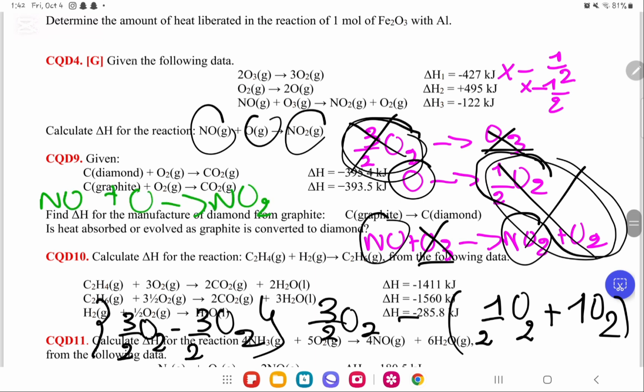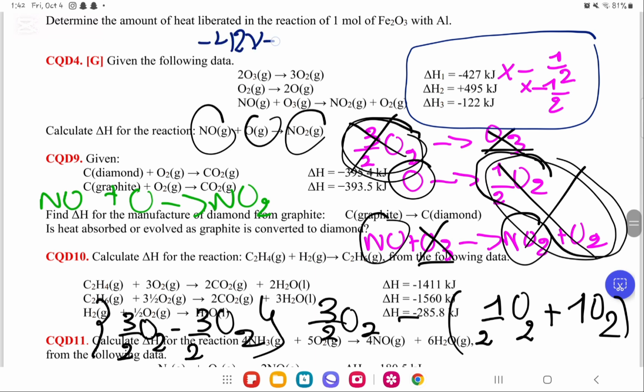Now, the point of this equation is to find what? The heat. So to find the delta H, we're gonna add them all with the changes. So it's gonna be minus 427 times minus 1/2, plus 495 times minus 1/2, plus minus 122.